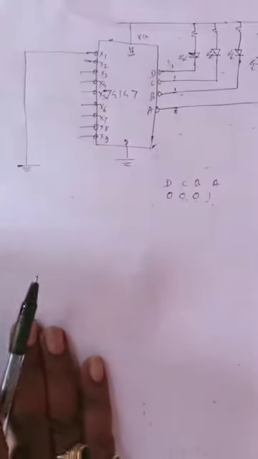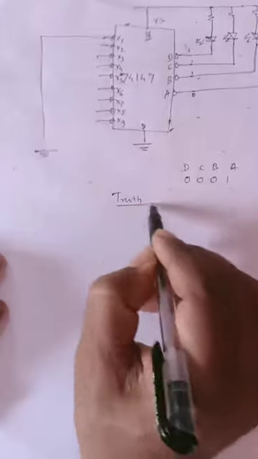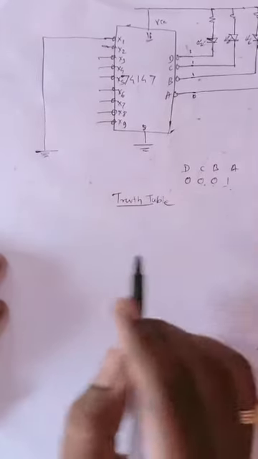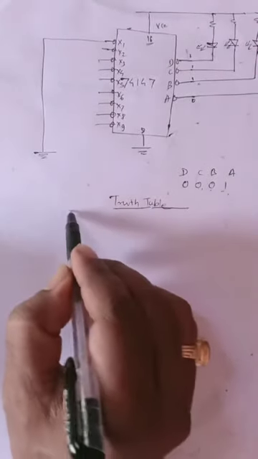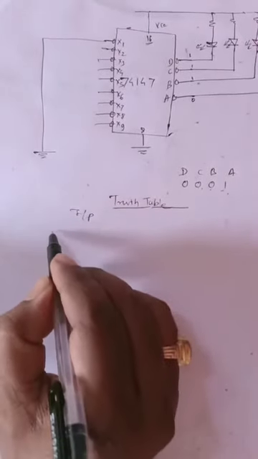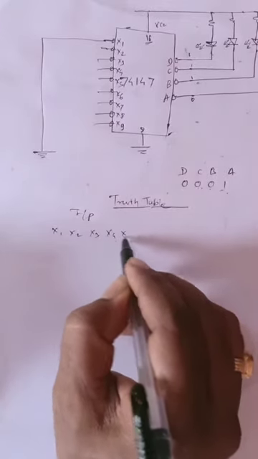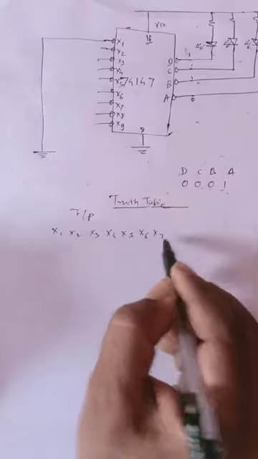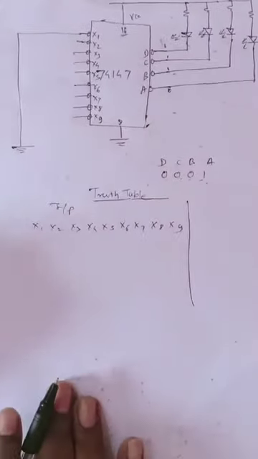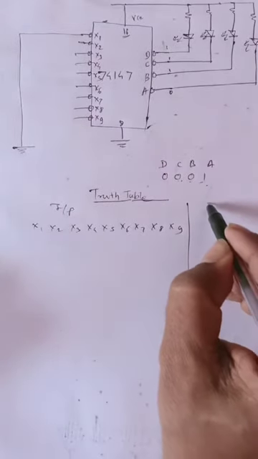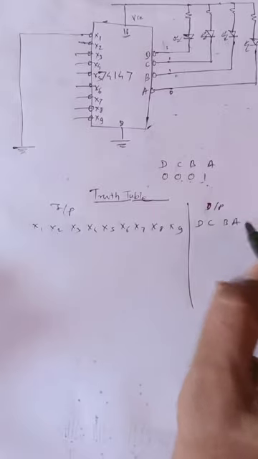Okay, let us see what priority means. If you consider the truth table of the priority encoder, priorities are given to the inputs. So in the truth table, the inputs are x1, x2, x3, x4, x5, x6, x7, x8 and x9, and the outputs are DCBA.